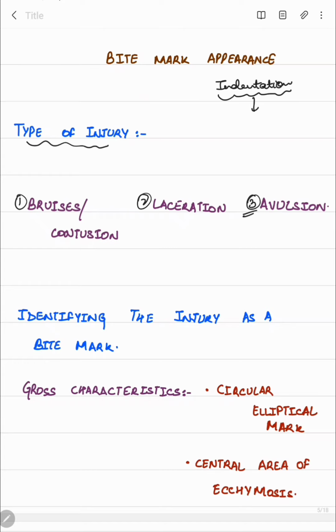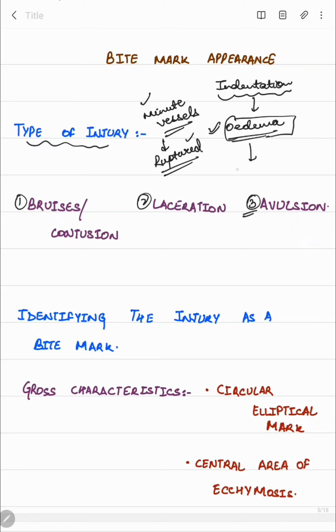After that, a brief period of edema over the bite area will be seen, right? As we know, the skin is compressed, due to which minute vessels present in our tissue will be ruptured. And when this edema subsides, subcutaneous bleeding will be apparent. This bleeding is basically due to the ruptured minute vessels.